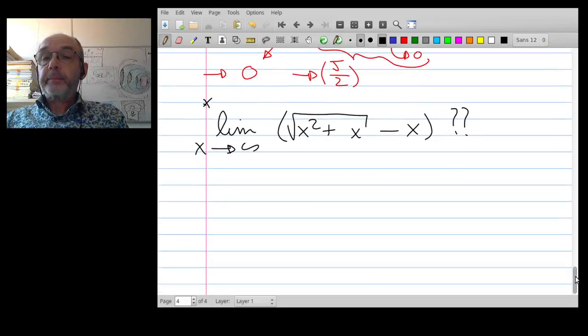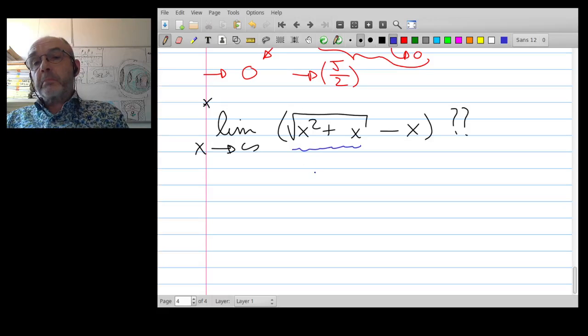Now, first of all, if I look at it, I see that if the x becomes very great, then the x squared is the term which is very big, and that is almost x, and I am subtracting something with x.